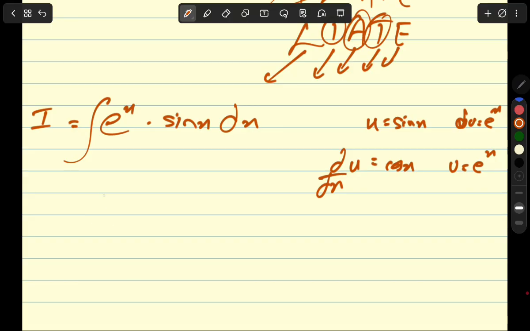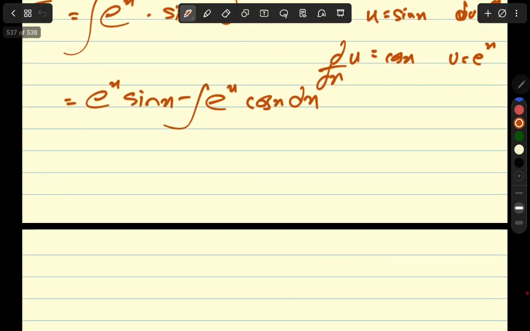So this becomes uv, which is e^x sine x, minus integral of e^x cos x, and then again dx. So we are going to come back to do it. Now this again, we are going to apply the same integration by parts.